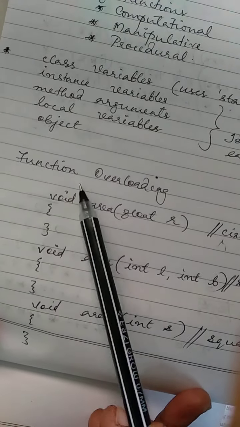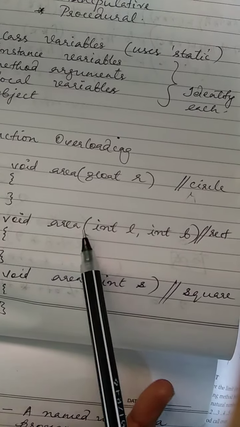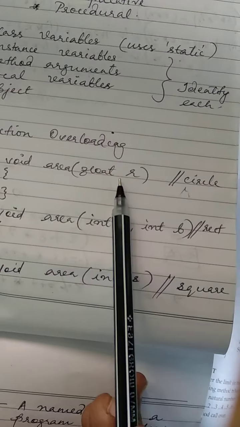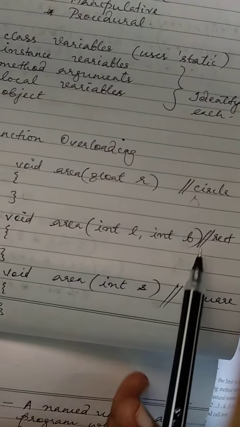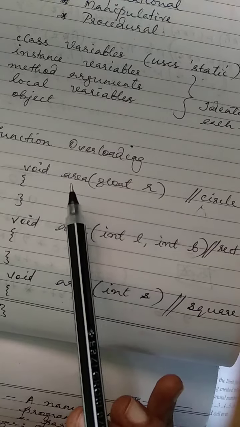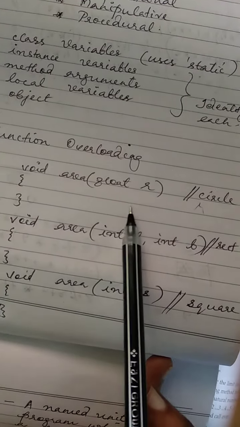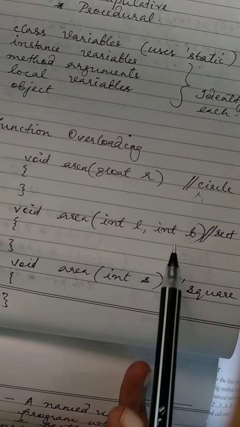Function overloading. What do you mean by function overloading? Writing many function definitions with the same function name but with a different number of parameters or type of parameters or both.